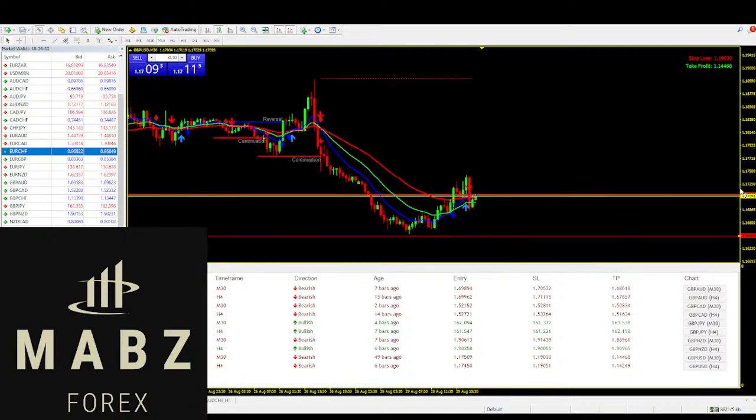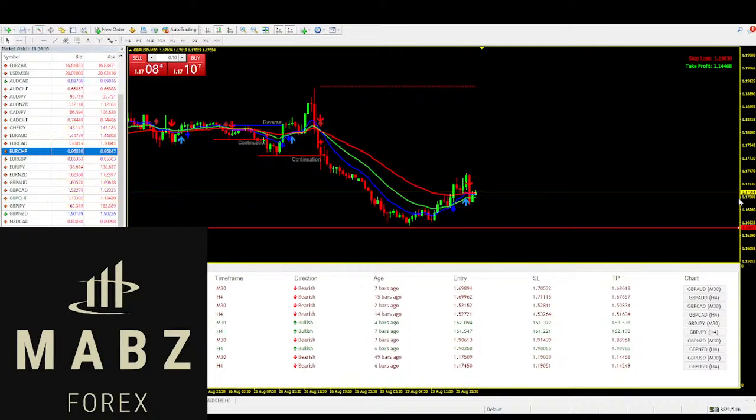Okay, so far, let me just run through what we've done so far. On Euro USD and GBP USD, we noticed that the market was trending down on the high time frames, and right now, as we speak, the market is moving sideways. So on those particular markets, I decided to enter with a pending order, a sell stop, because when the market is not trending, what I like to do is trade the breakout.